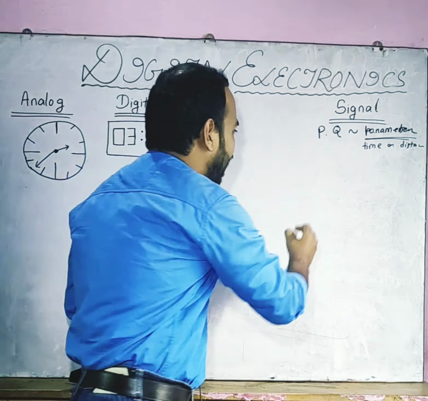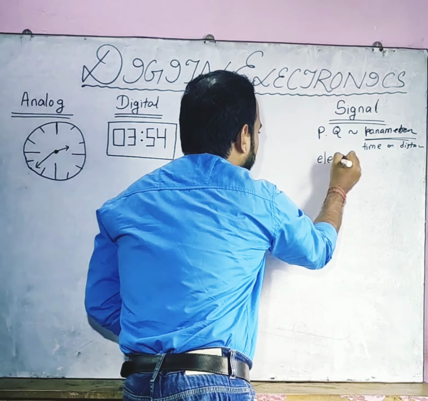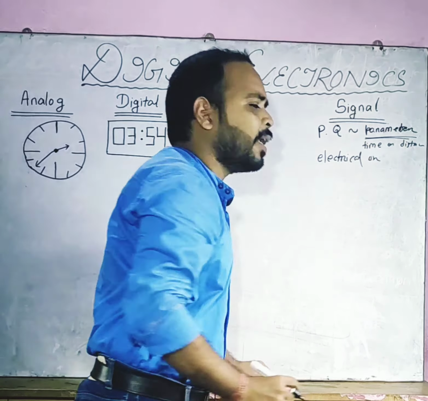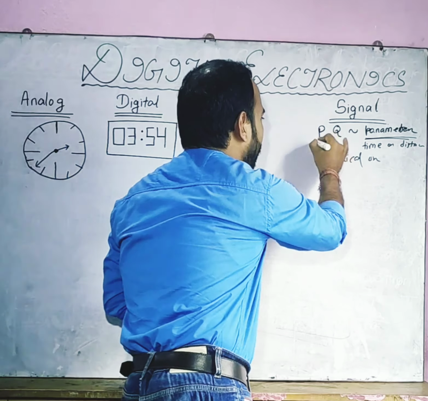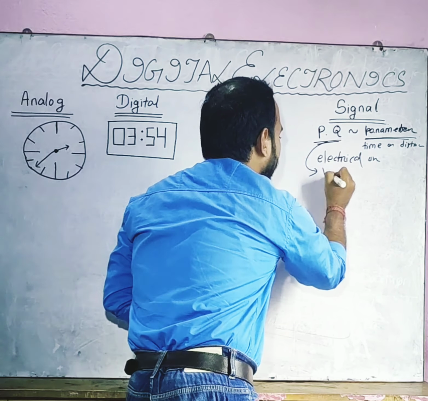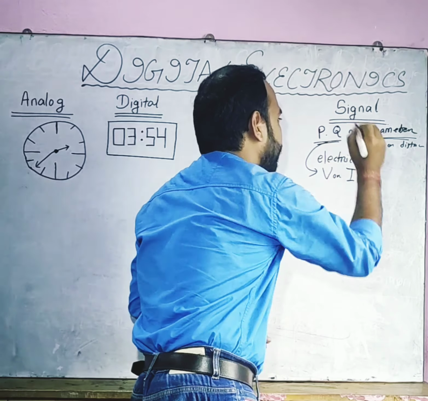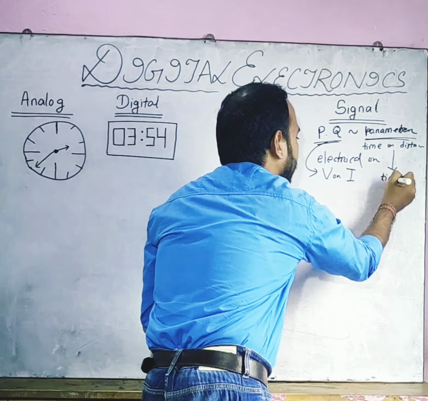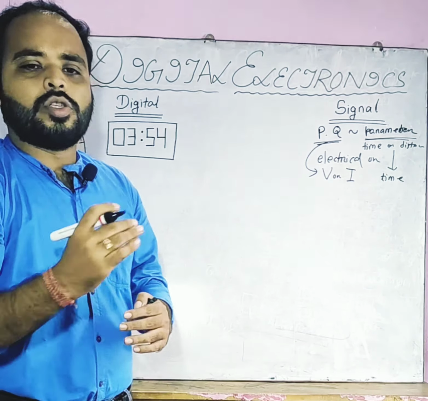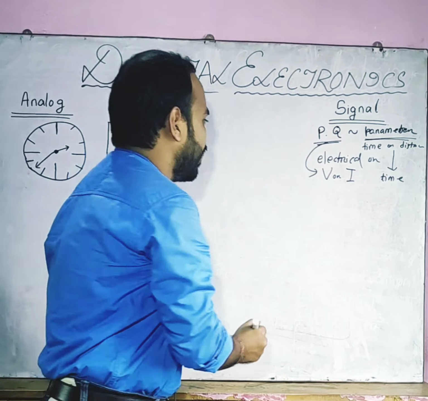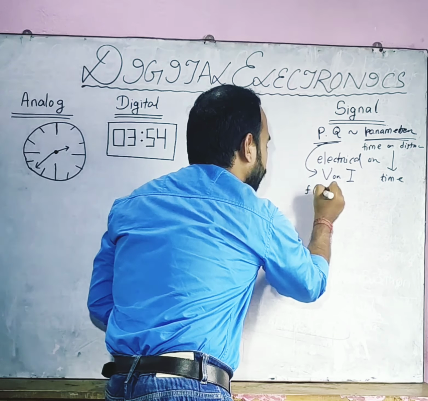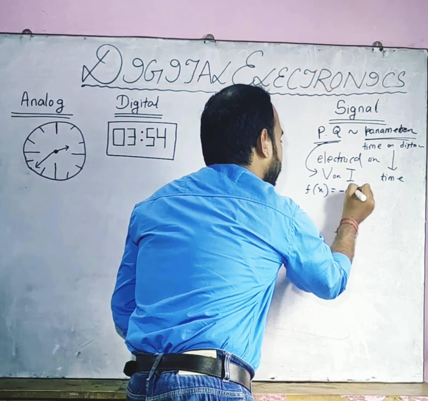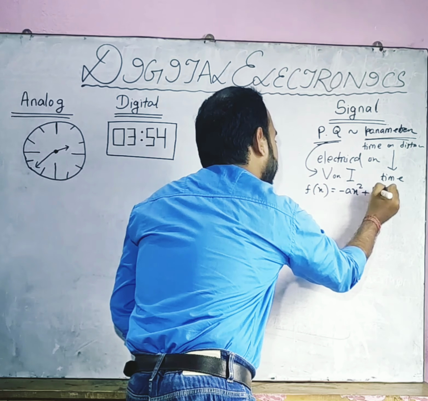But in our electrical or electronic circuit, the physical quantity will be voltage or current, and the parameter of variation will be with respect to time.